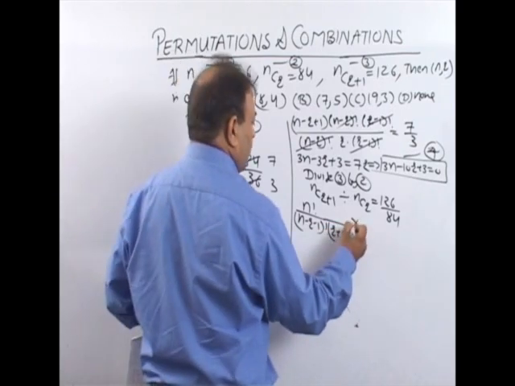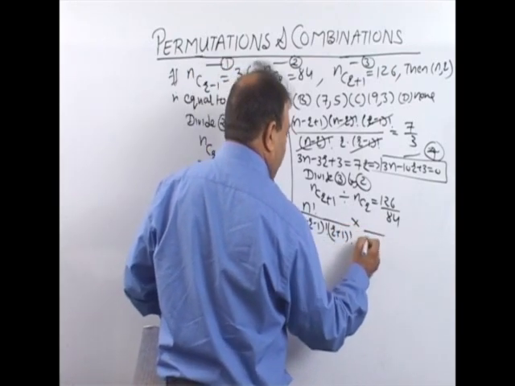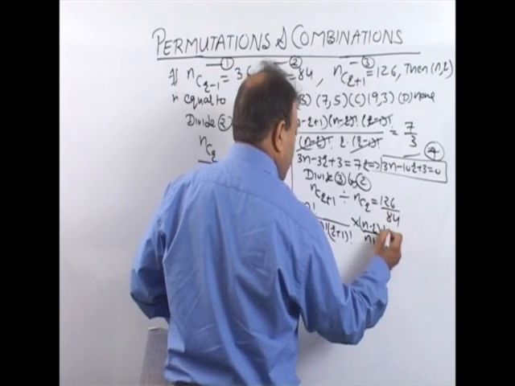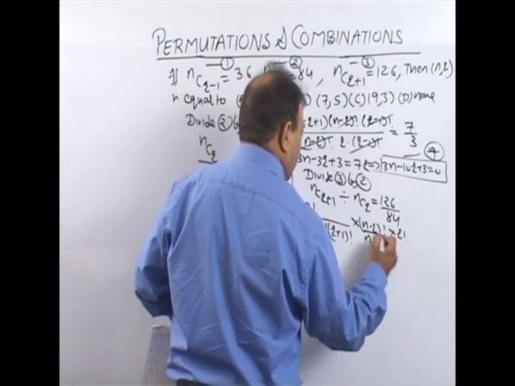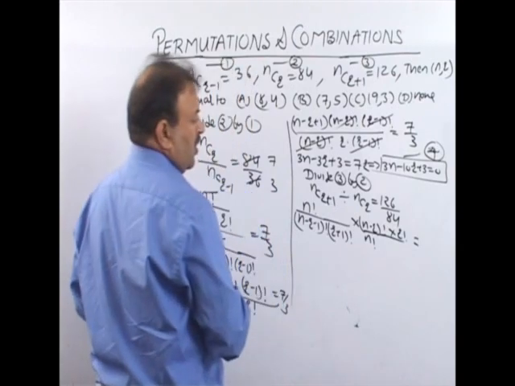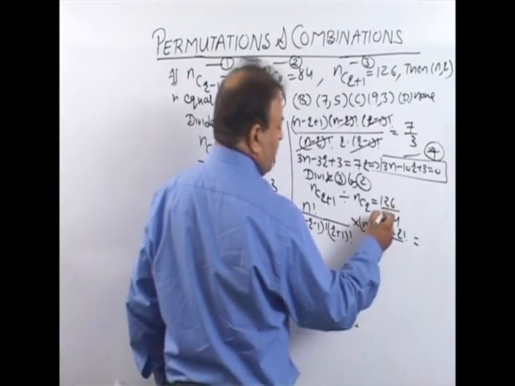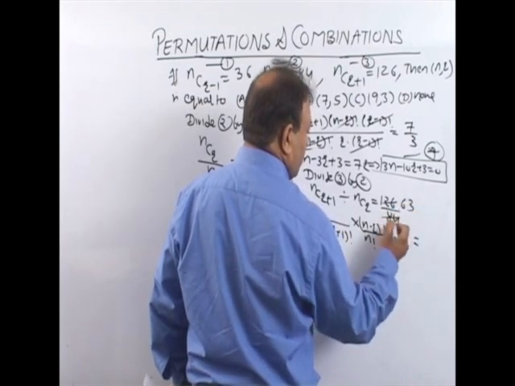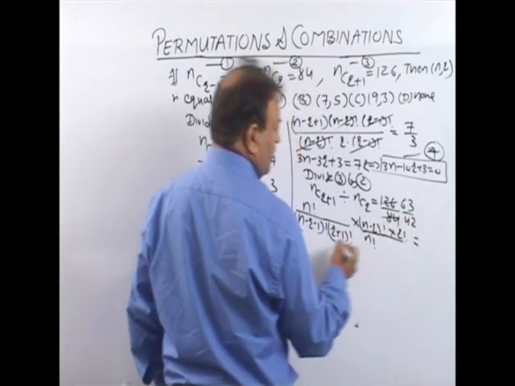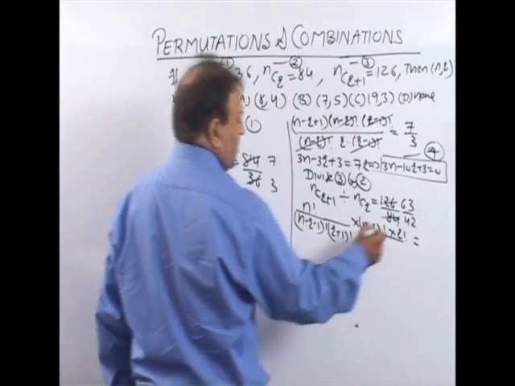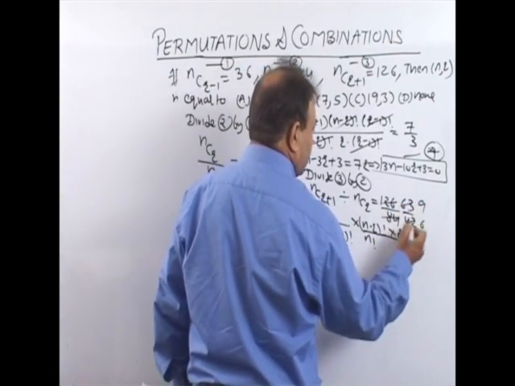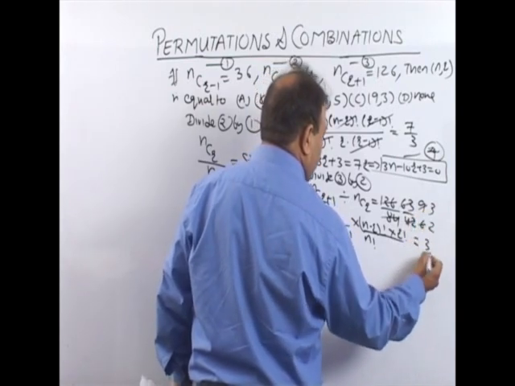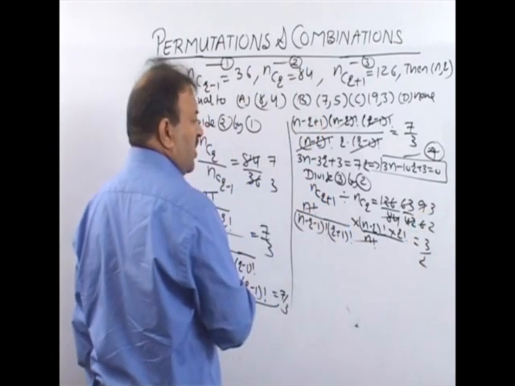Then it comes out to be, this is n factorial, n minus r factorial into r factorial. This is equal to, we can cancel out with 2, 2 6 da, 2 3 da, 2 42. Then it comes out to be 7, 7 9 da, 7 6 da. Then 3 3 da, 3 2 da. It is 3 by 2. Here n factorial will be cancelled out.